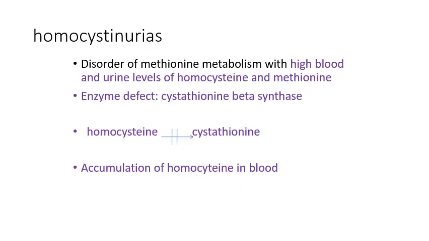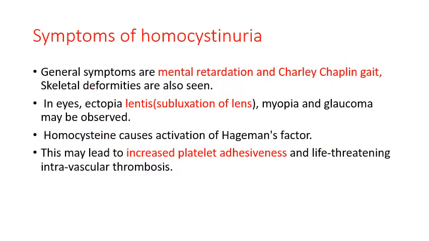Now the most important inborn error of metabolism associated with the sulfur-containing amino acids is homocystinuria. It is a disorder of methionine metabolism with high blood and urine levels of homocysteine and methionine. There are multiple types of homocystinuria, but the major one is due to deficiency of the cystathionine beta synthase enzyme, where there is accumulation of homocysteine in blood.